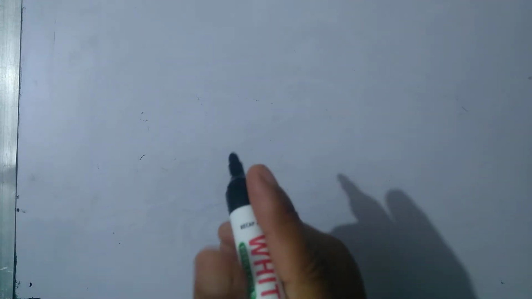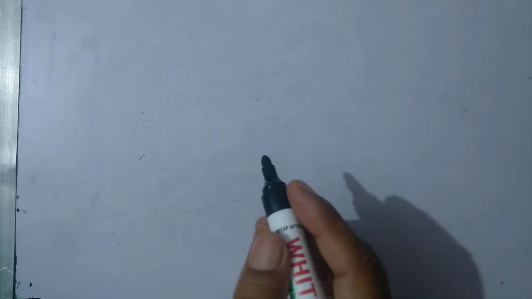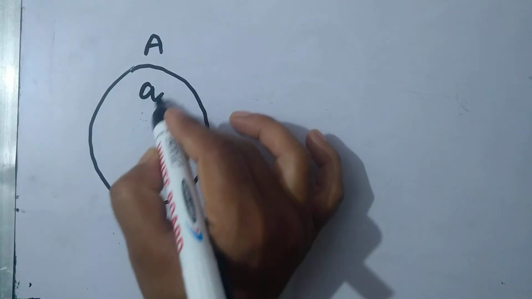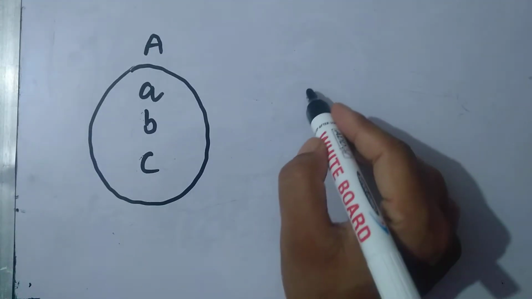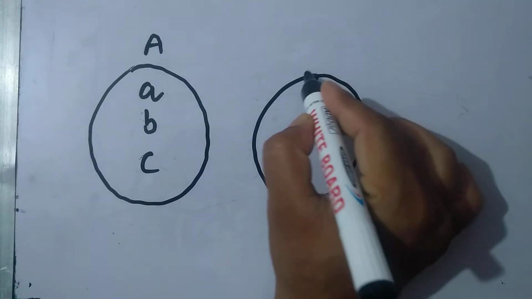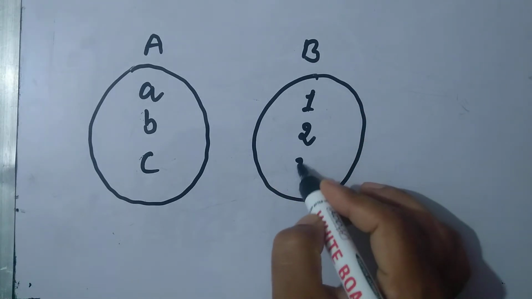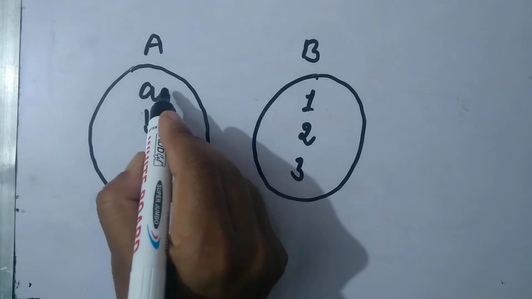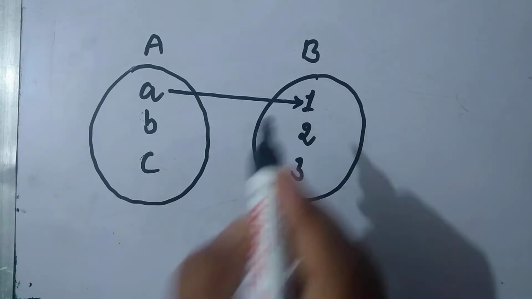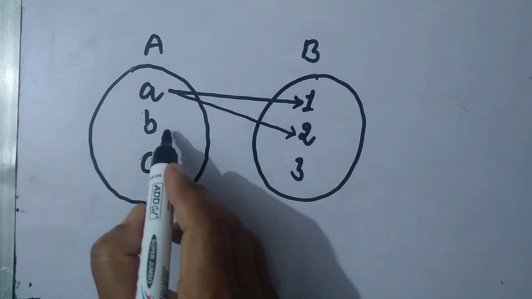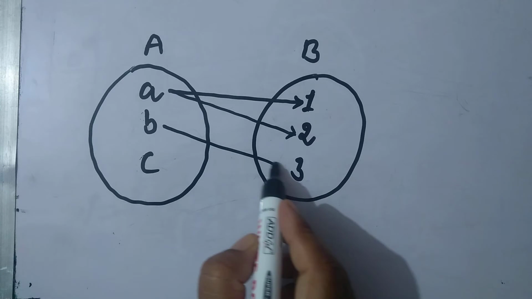Now we are going to take an example of what is not a function. Suppose A is any set having elements A, B, C. B is another set having elements 1, 2, 3. So A has image 1, A has also image 2, B has image 3.